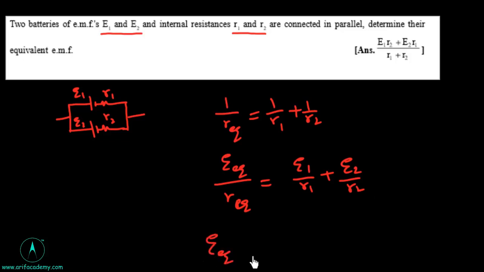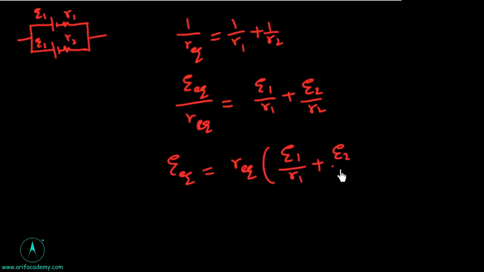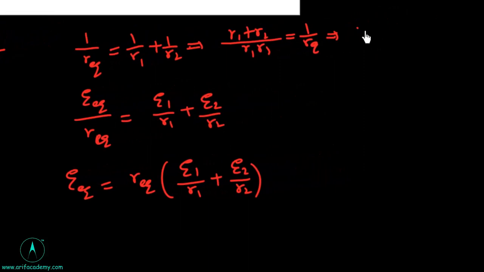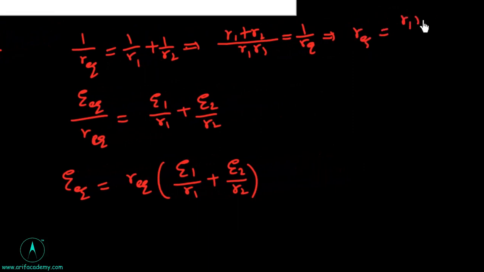Hence E equivalent will be equal to R equivalent times E1 by R1 plus E2 by R2. We know this can be written as R1 R2 upon R1 plus R2, and this equals 1 by R equivalent. So R equivalent will be equal to R1 R2 upon R1 plus R2. So we can put it here.